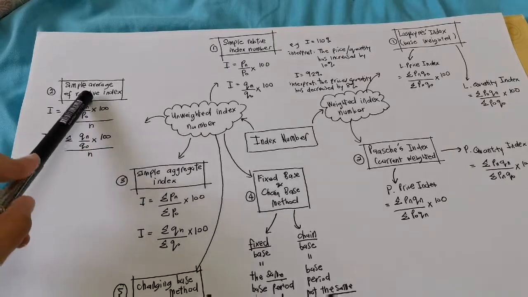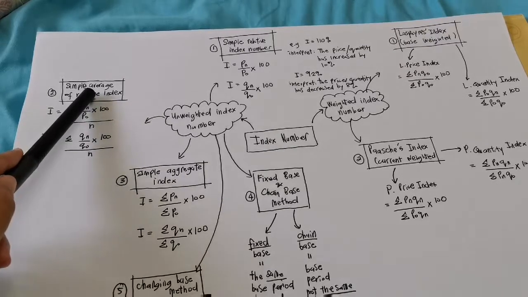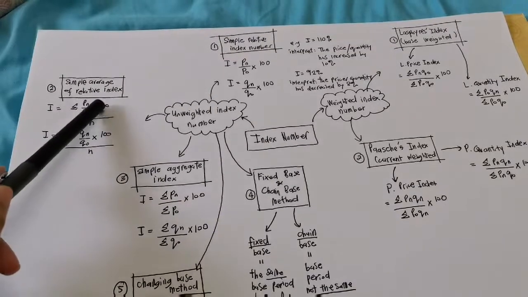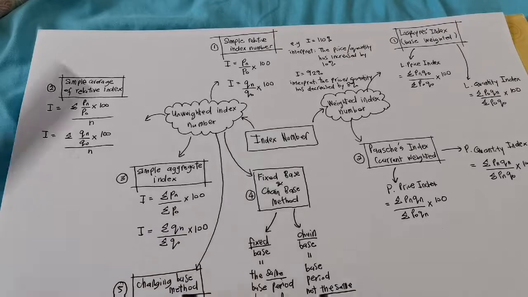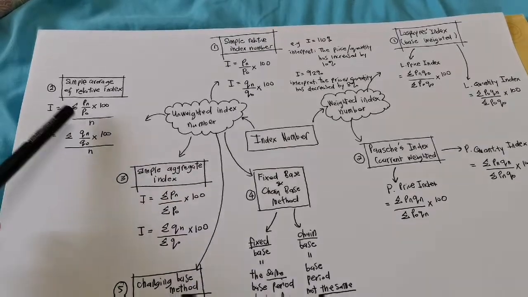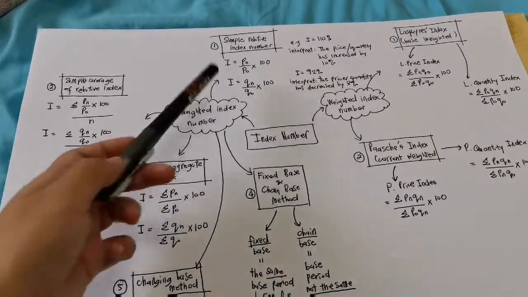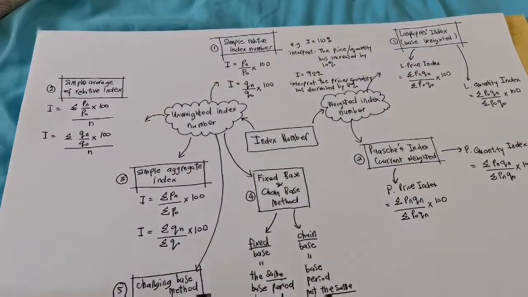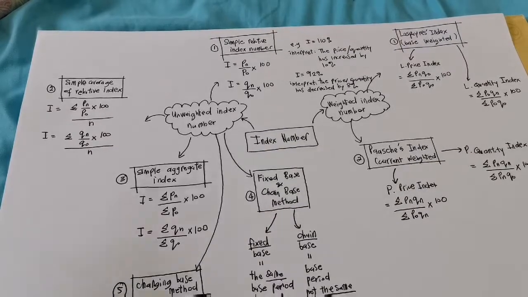For example, this one is about simple average of relative index. So we have the word average here. What is the meaning of average? Let's say we have a few items, not just nasi lemak, it might be nasi lemak, nasi minyak, nasi biryani and so on. We have calculated the index number for every food, for nasi lemak, nasi minyak, nasi ayam and so on.